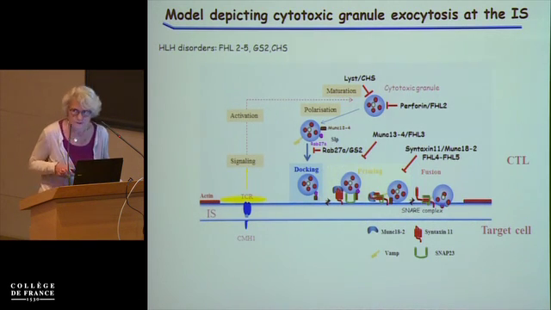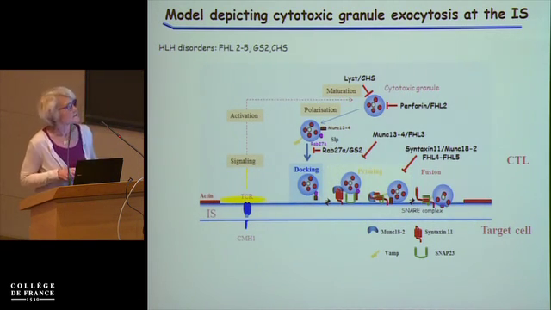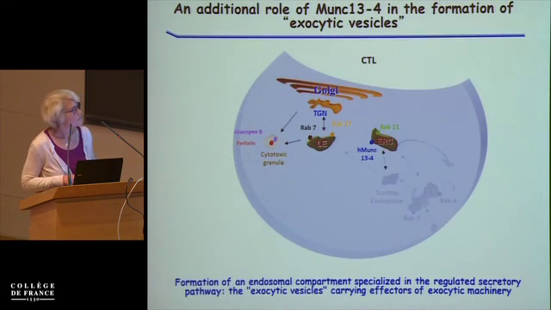And this mechanism is even more complex, since when we look at the localization of some of these effectors, like MUNC13-4 and RAB27A, they are localized intracellularly on vesicles, but surprisingly, they were not localized directly on the vesicles which contain the lytic proteins granzyme and perforin, which are lysosomal compartments, but they are localized first on endosomal compartments, late endosome and recycling endosome.